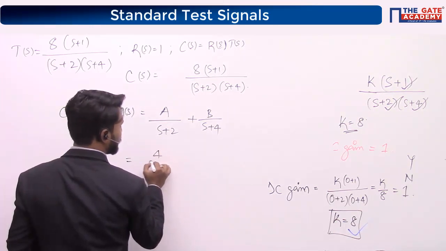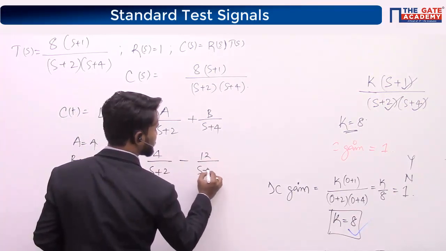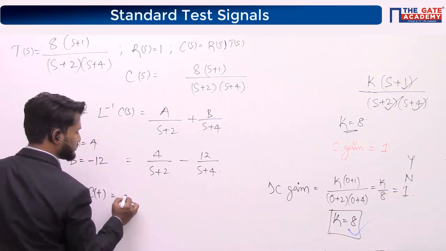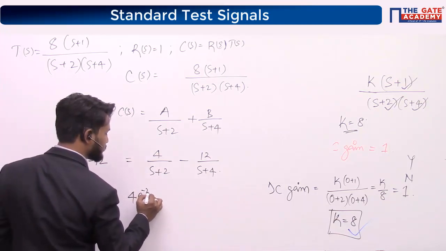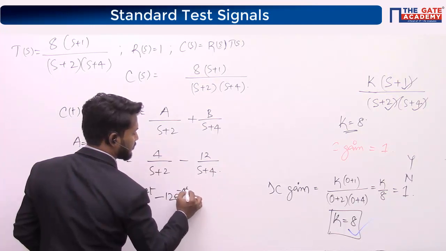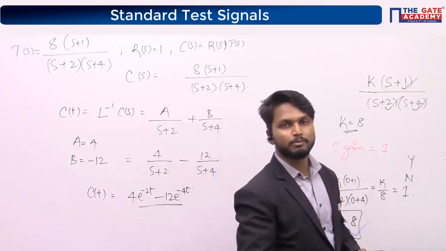It is 4 by S plus 2 and minus 12 divided by S plus 4. Therefore, C of t is equal to 4 e power minus 2t minus 12 e power minus 4t. This is the impulse response they were asking.